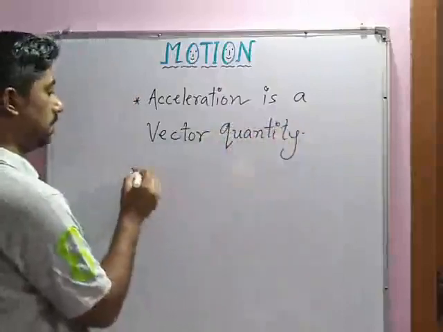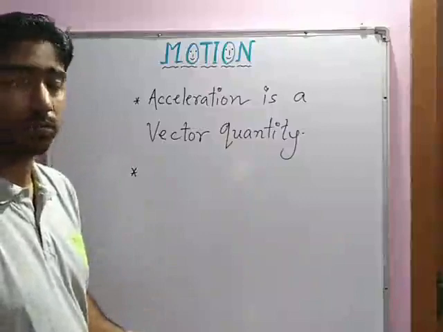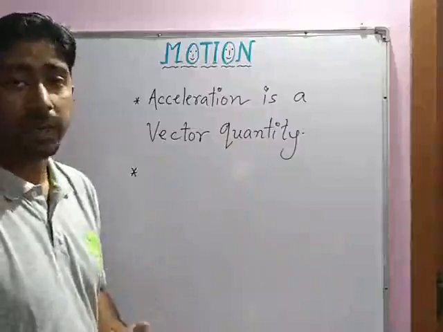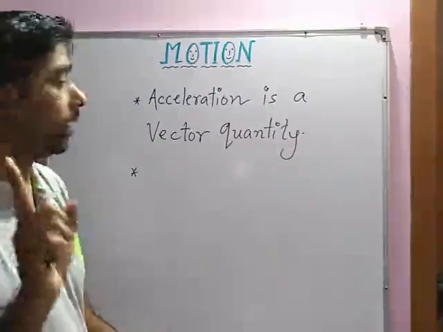Vector quantity means it requires magnitude, it has a direction, plus it follows some special laws of addition.